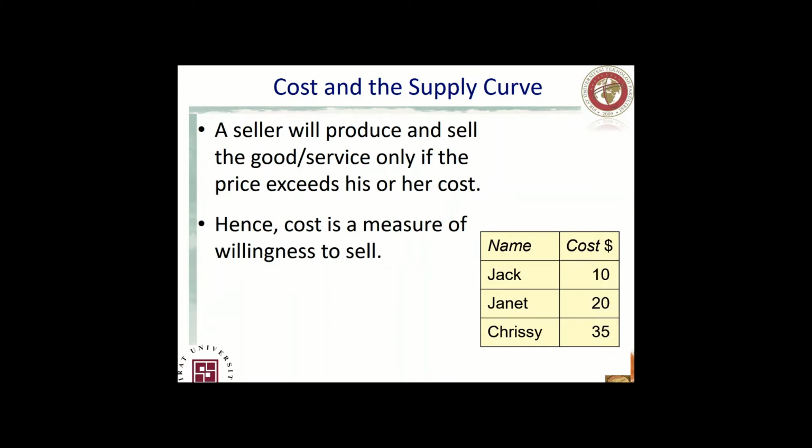So a seller will produce and sell the good or service only if the price exceeds the cost of that seller, okay? And this is what we refer to as the willingness to sell. So the willingness to sell of a seller is setting the base where the seller would sell or not, because of cost consideration, whether the price is below his cost or above his or her cost, okay?